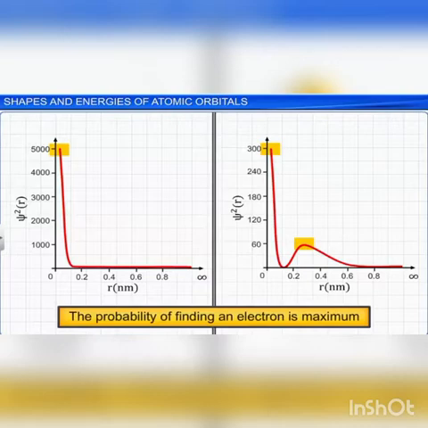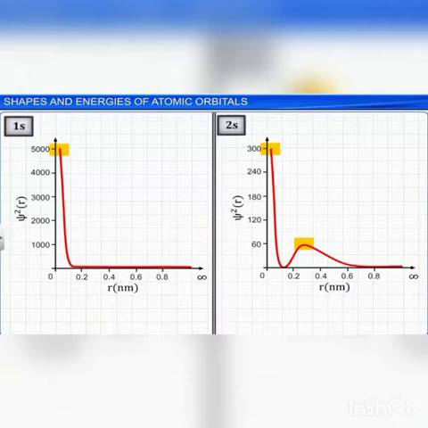For s orbitals, the number of peaks obtained in the plots is equal to the n value. Hence, for 1s and 2s orbitals, the number of peaks obtained are 1 and 2 respectively.